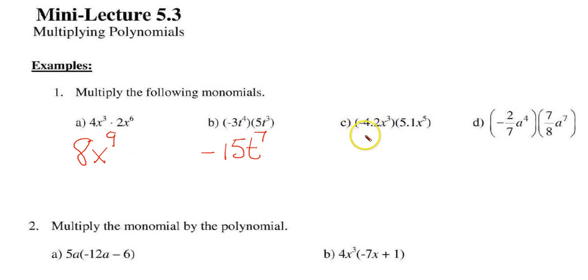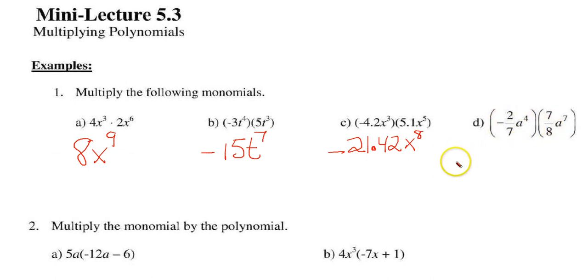Now negative times negative, this will be a negative 21.42 x, add your exponents, to the 8th. Now here, keep in mind we can cancel out wherever we can.